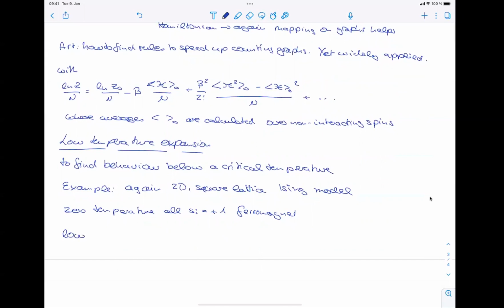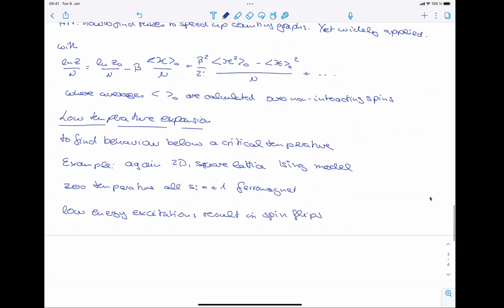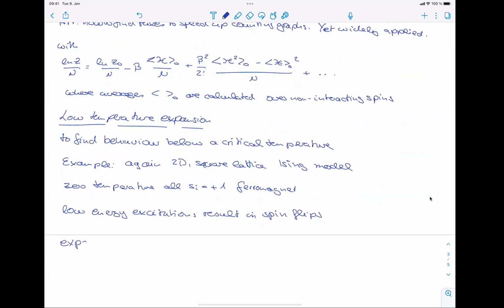So now low energy excitations result in spin flips, and we're going to expand in the number of spin flips.